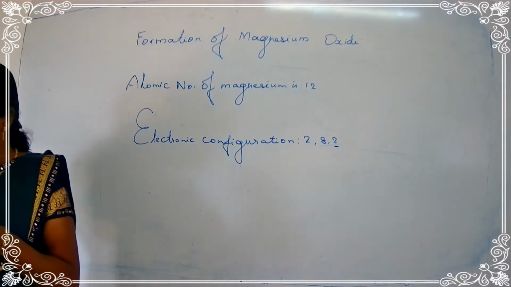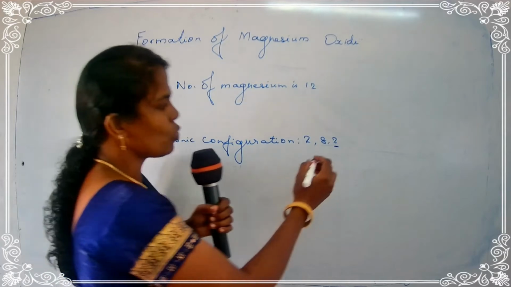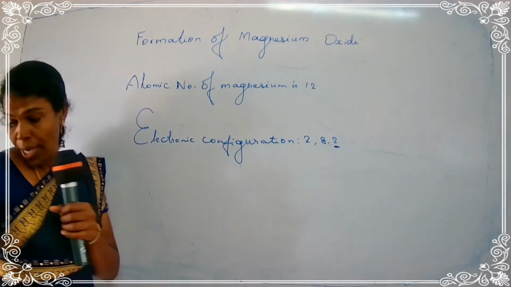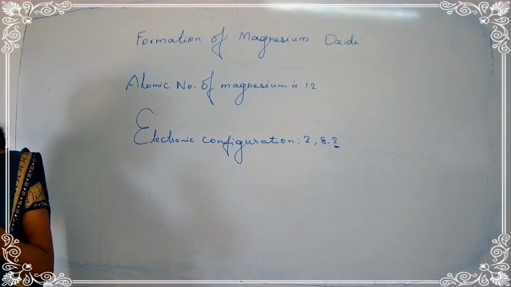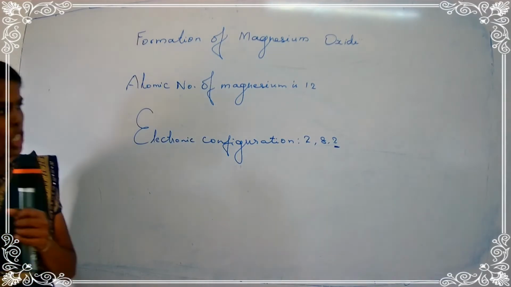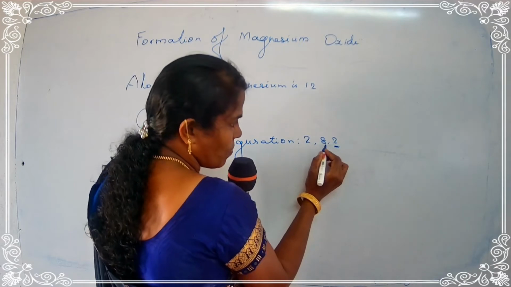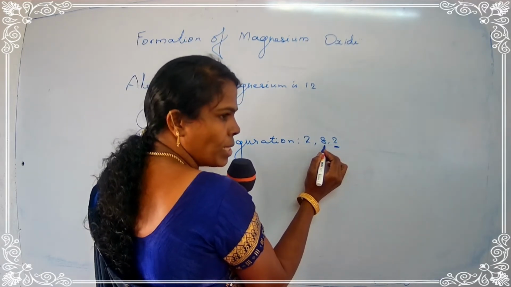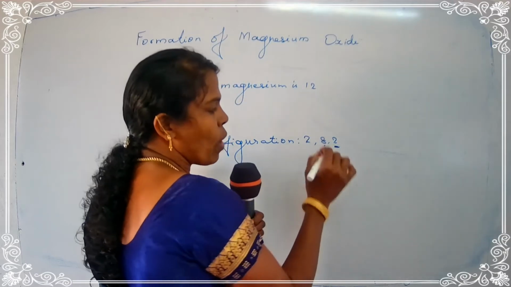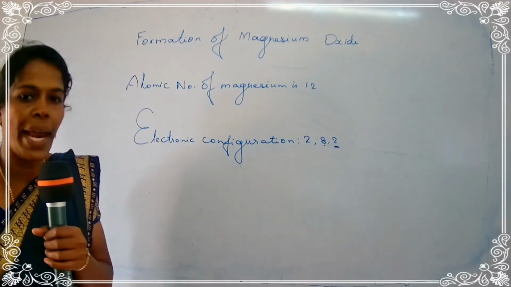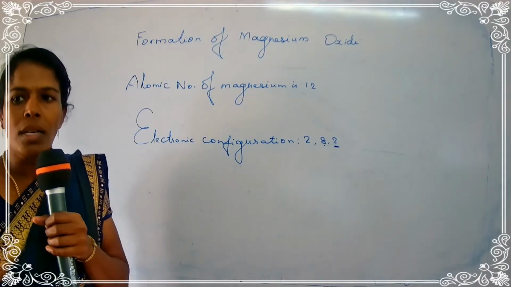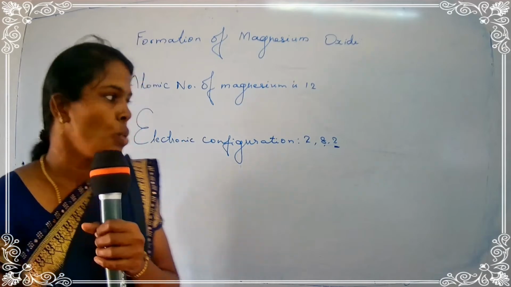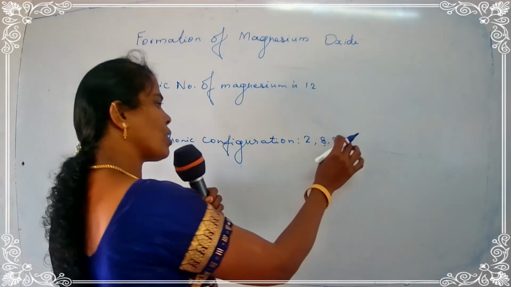Now, it donates its 2 valence electrons. Then only it becomes stable. When an element has 8 electrons in the last shell, only then does it attain stability.